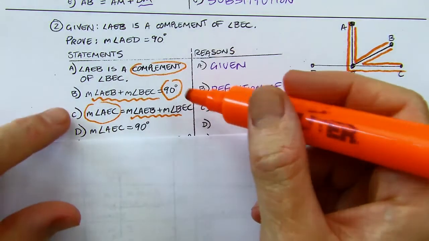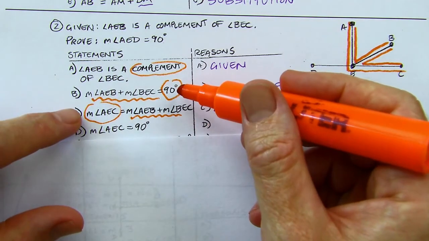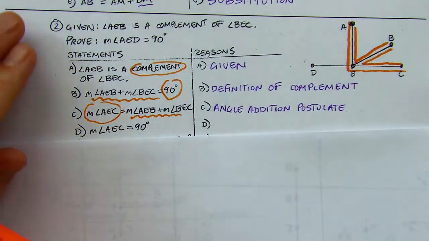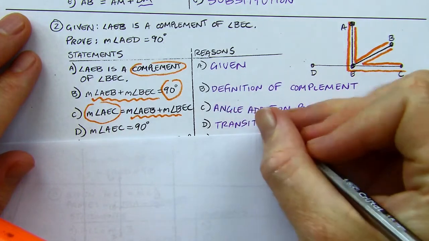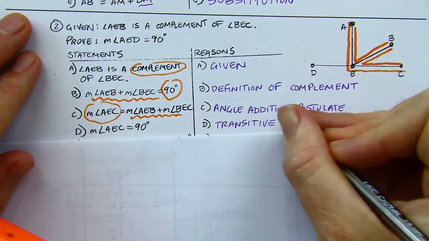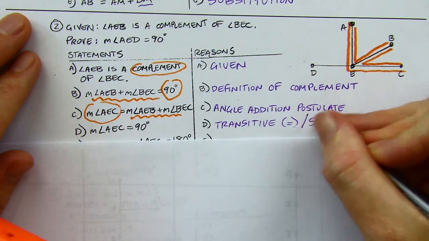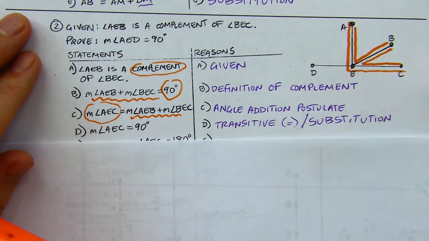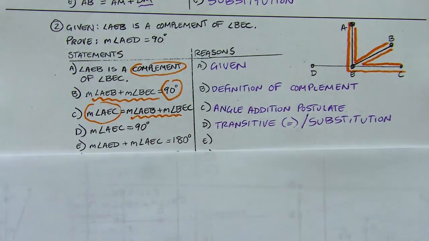So that means, hey, I've got two things that are equal to the same thing, so they're going to be equal to each other by the transitive property, or you could use substitution again, okay? So transitive property, this time it's a property of equality, because we're talking about the measures of the angles, and you could also use substitution. Okay. All right.